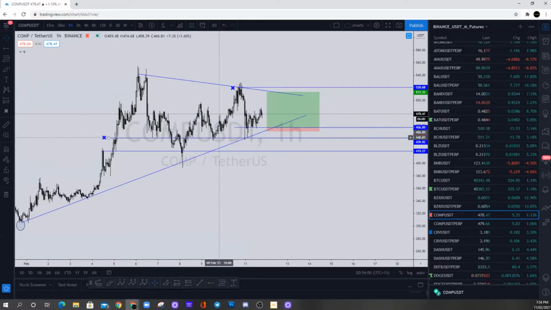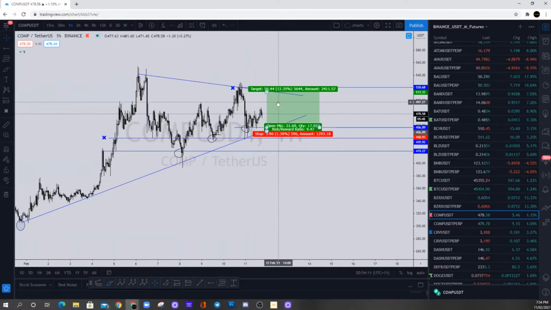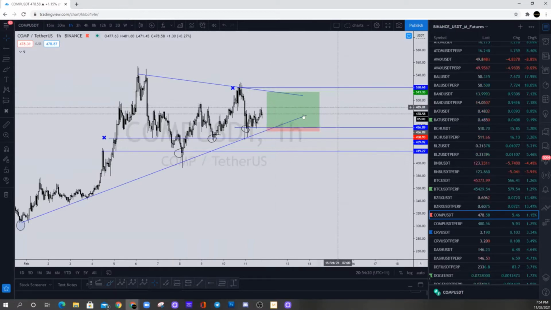We've closed above this level. So we've got 3 higher lows. Probability of that bouncing off that point and heading back up is actually pretty high. I'm not going to go into all the reasons why, because it's not a training session on technical analysis. But basically, I would be looking to enter down there.